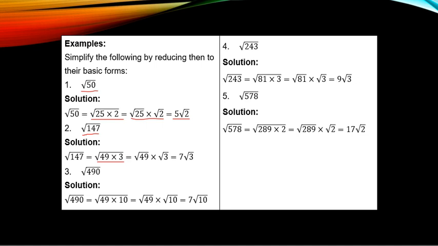For example, if you divide 50 by 2, you have 25. You see that? Now, if you divide 147 by 2, it is not possible. So you try 3. You divide 147 by 3, you have 49. And you should know that 49 is a perfect square.